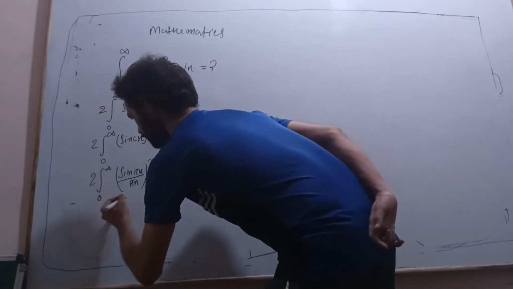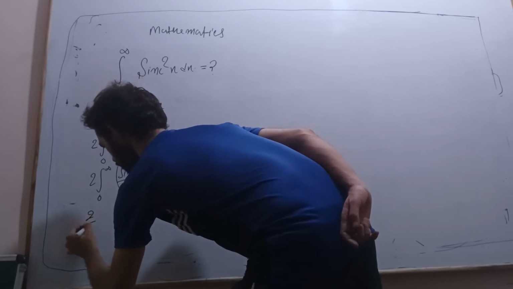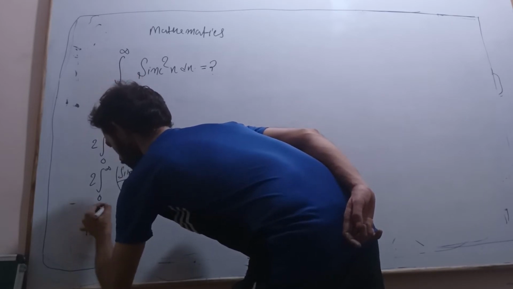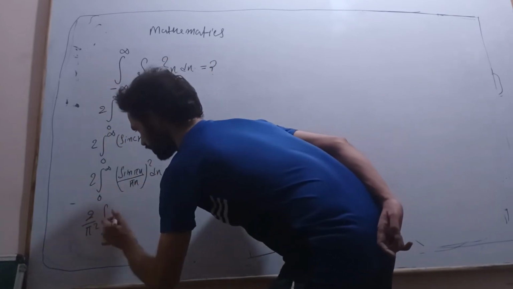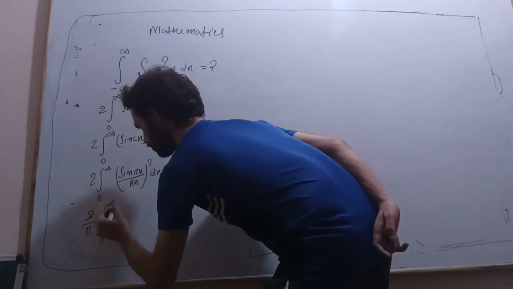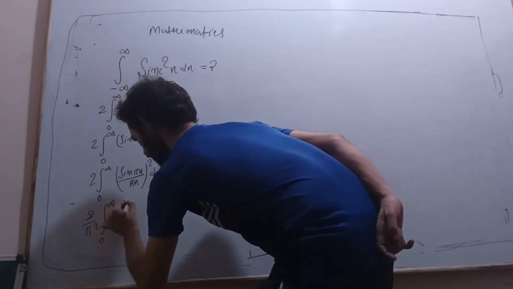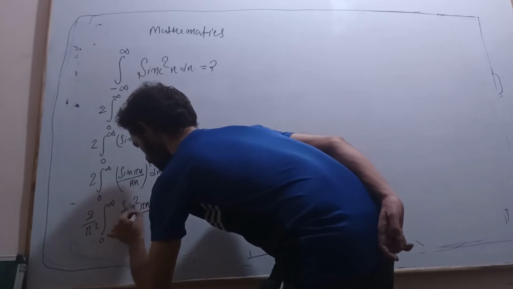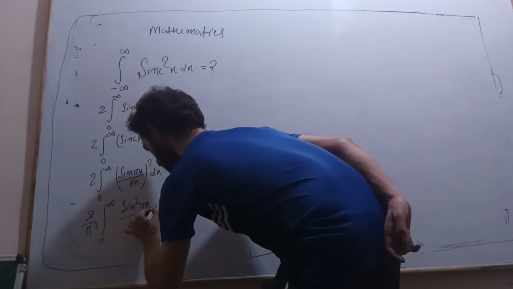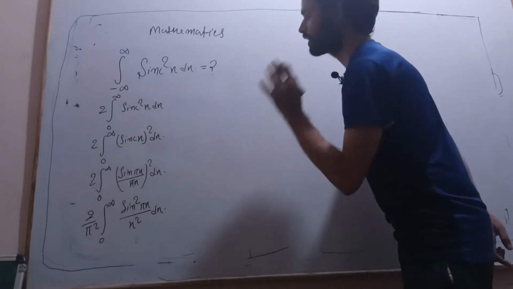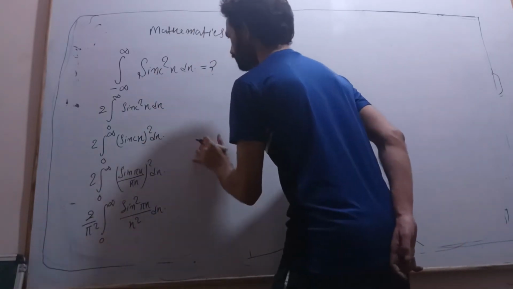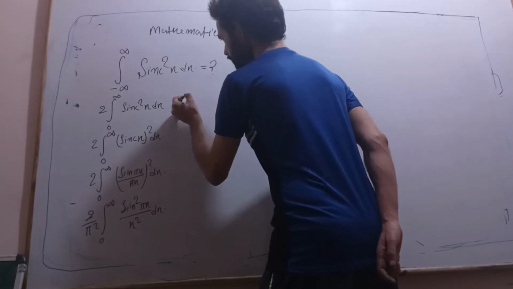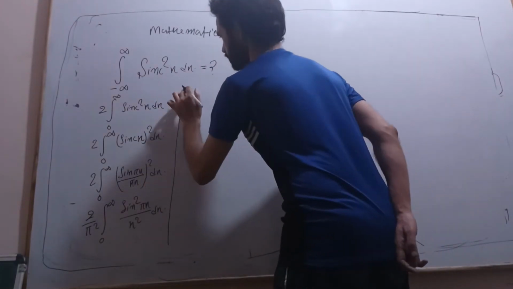So now let us see, 2 by pi square. Just take this pi square outside. We are left with the integral from 0 to infinity of sin square pi x divided by x square dx. Now let us see in the next step.